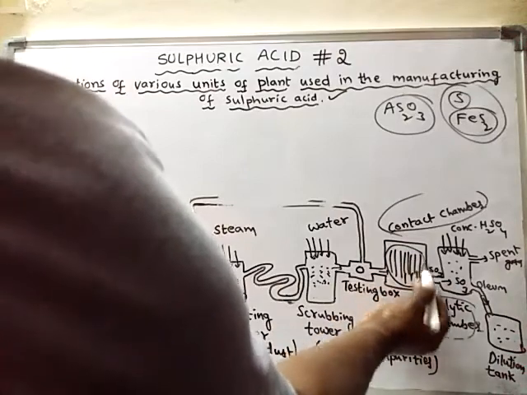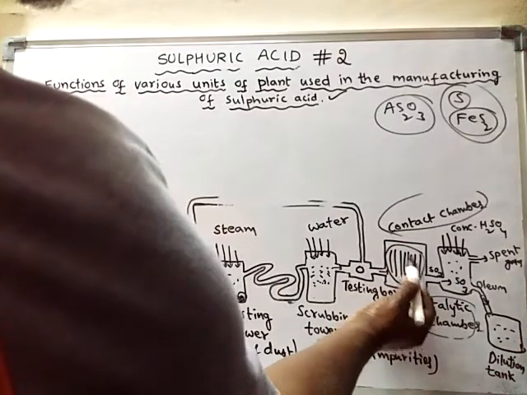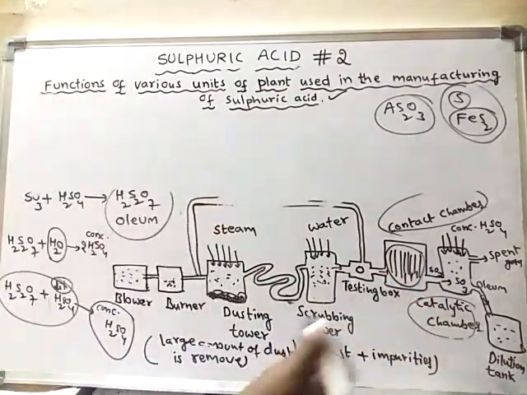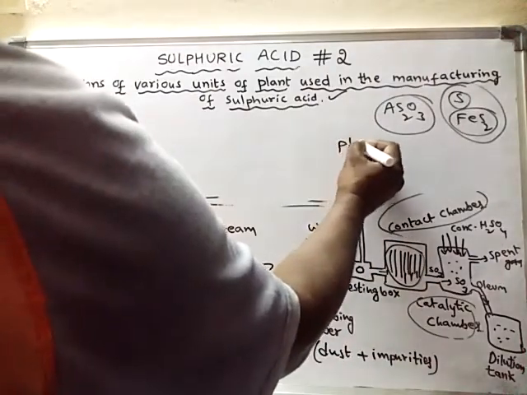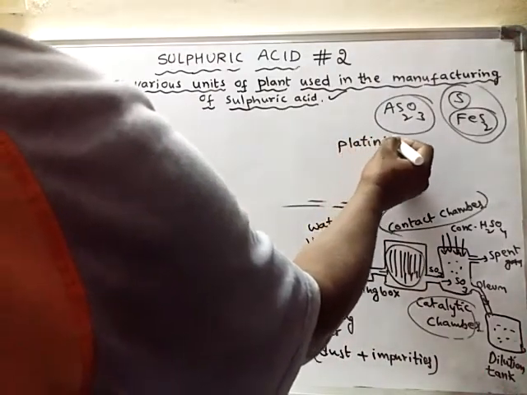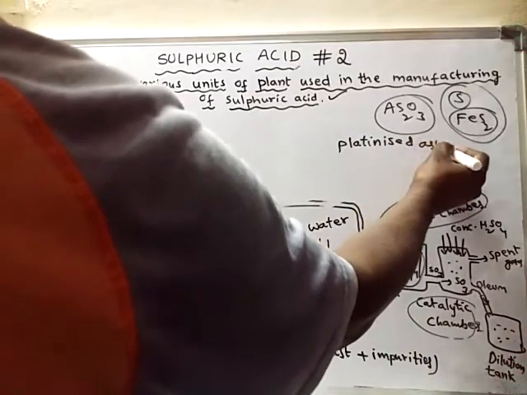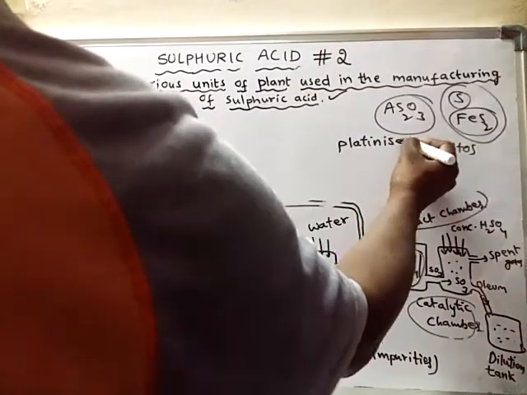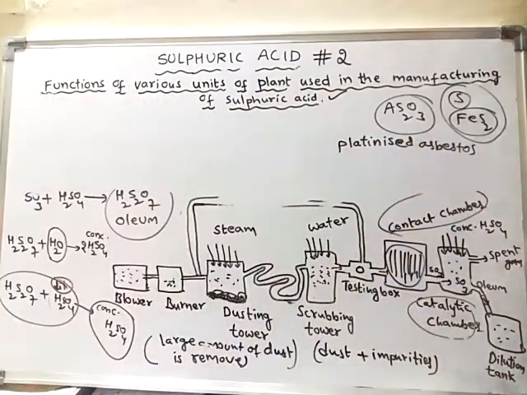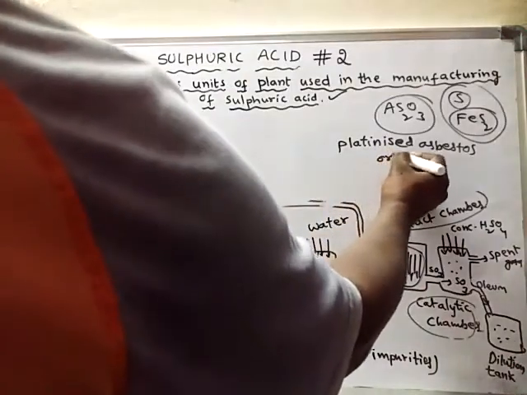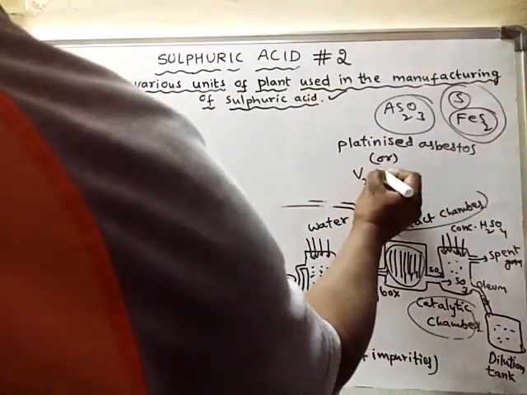Inside the catalytic chamber there is a catalyst. What is the catalyst? We already learned that the catalyst is platinized asbestos, or else we may use vanadium pentoxide.